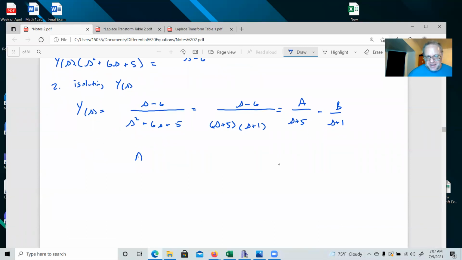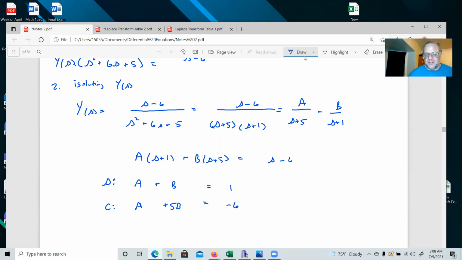So here we have A times s plus 1 plus B times s plus 5 is equal to s minus 6. Putting together our s's, we have A plus B is equal to 1, since there's one s over here. For our constant terms, we have A plus 5B is equal to negative 6.